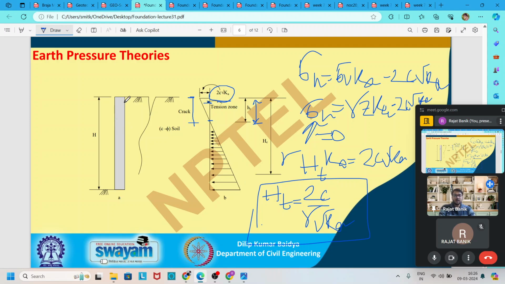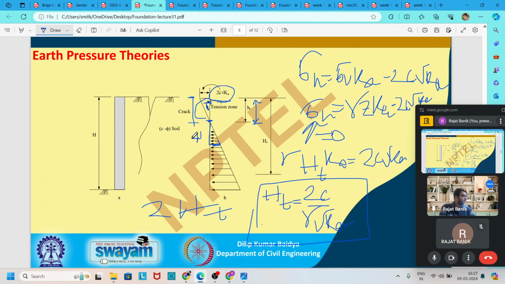And if we excavate any c-phi soil without any support, we can excavate up to a depth of 2 times Ht, that means up to a depth of 2 times the tension crack zone, because the pressure above this point is cancelled out by the equal distance at the bottom.